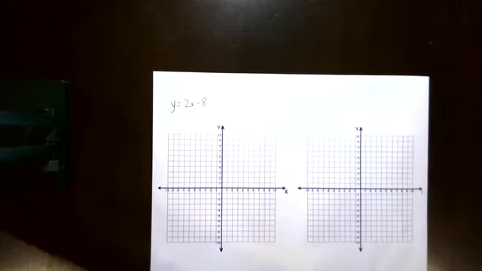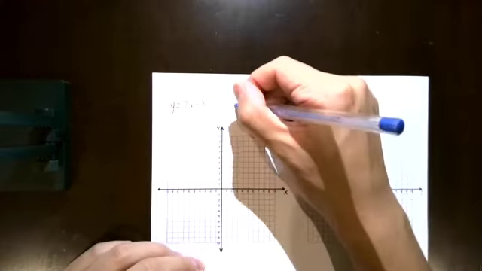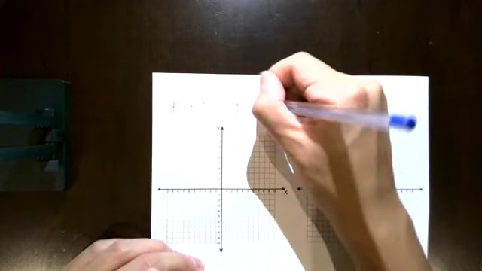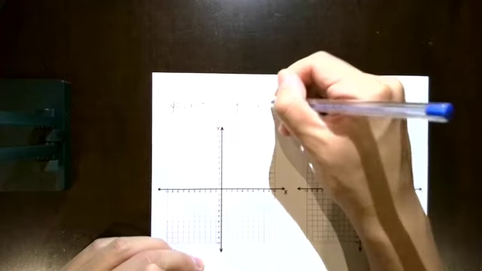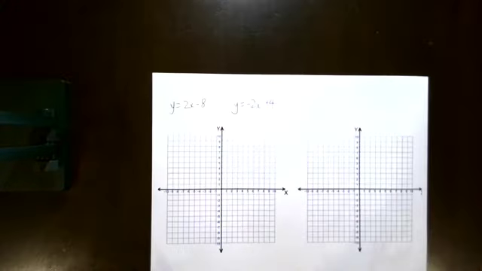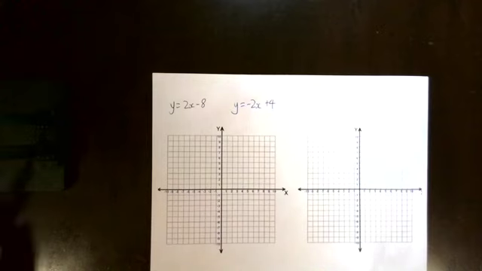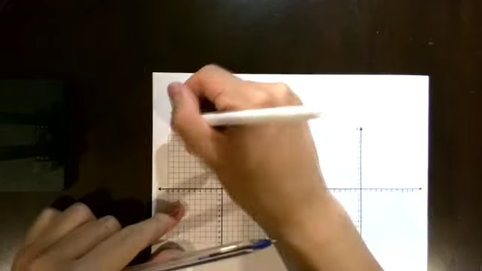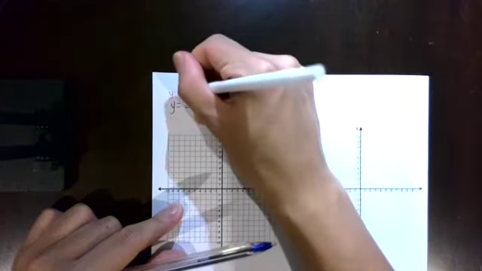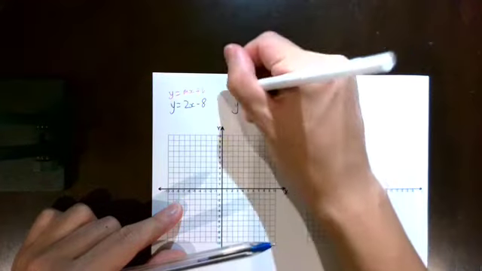We're going to do that in black, and then we're going to do the line y equals minus 2x plus 4, okay? Now, when we're drawing these lines, we already know our special formula, which is y equals mx plus b.